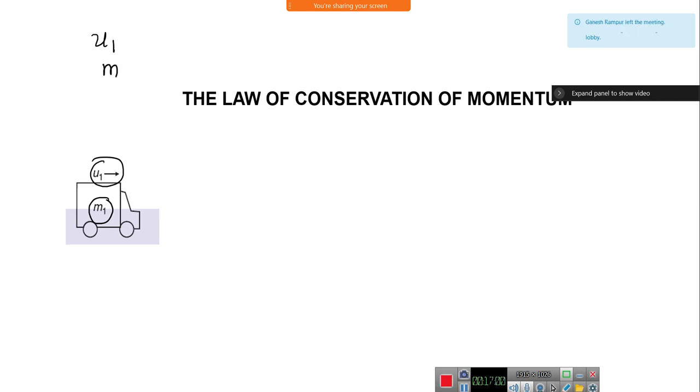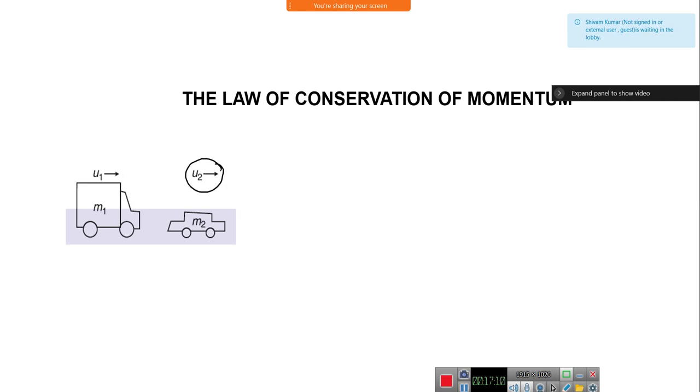And just before that, another vehicle is going whose velocity is u2 and which is moving with a mass m2, right? So we have two vehicles whose initial velocities are u1 and u2, and whose masses are m1 and m2. That's why, to differentiate, we have taken u1 and u2.